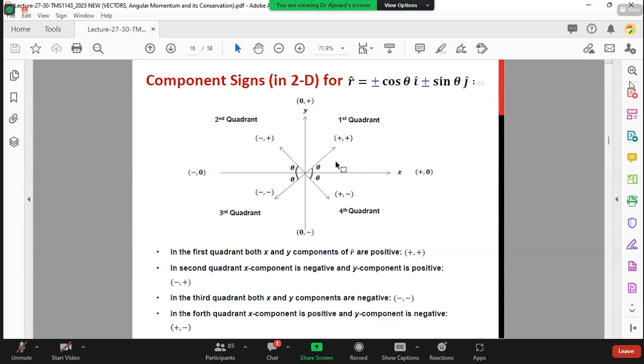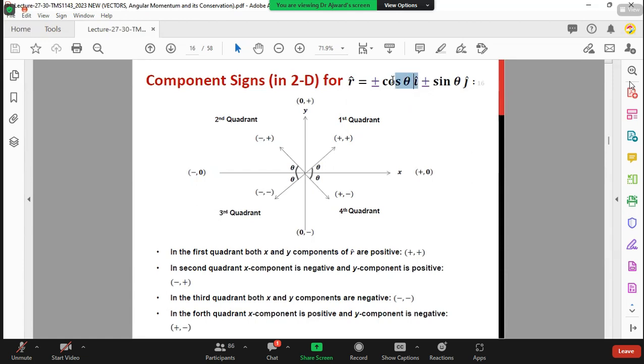Anyhow, depending on which quadrant you are in, you can define a new unit vector called R hat like this. But depending on which quadrant you are in, this plus and minus sign changes. Because you are not always pointing exactly along x or y, you can have a unit vector called r hat also.